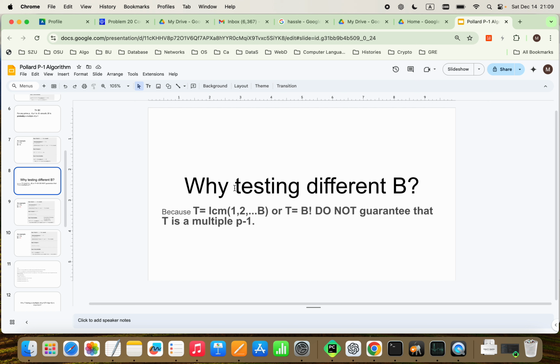Why are we testing this? Because, as I said before, these formulas don't guarantee that t is a multiple of p-1. I'm going to give you 2 examples.